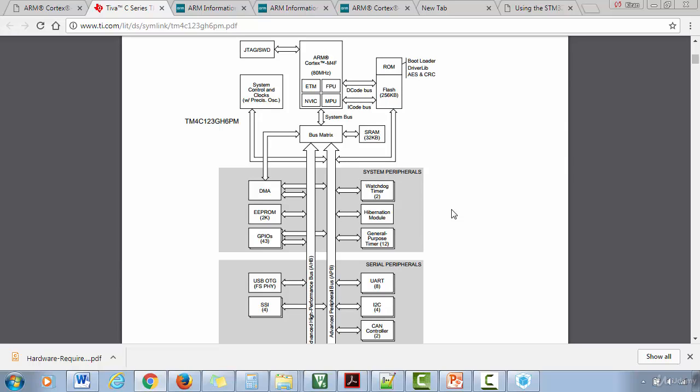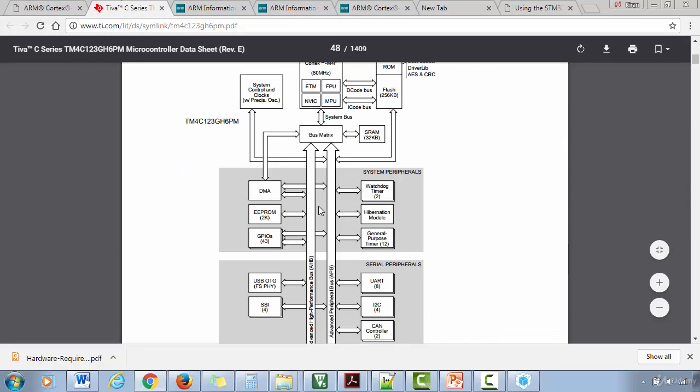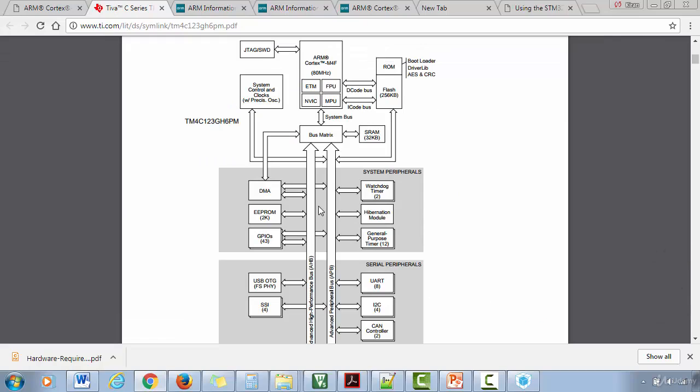I cannot cover all the microcontrollers in the market, I can only point you to the generic concept which you can leverage to understand your microcontroller. As I compared these two block diagrams, they are almost the same, with some minor differences, but the architecture is almost the same.